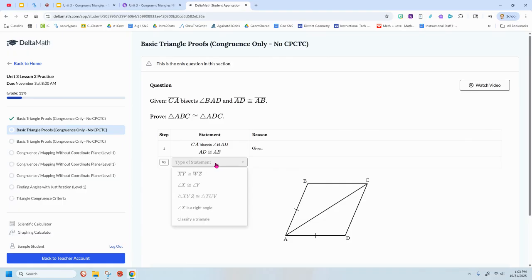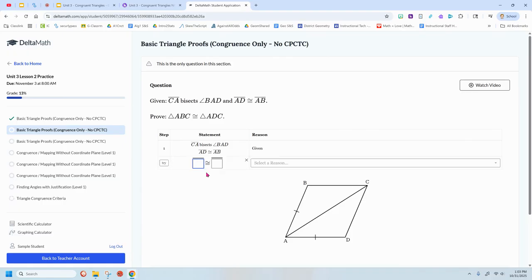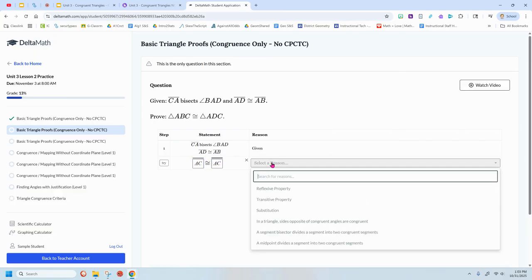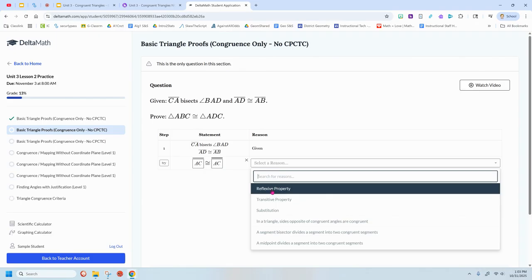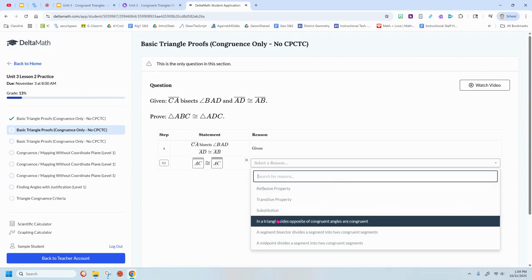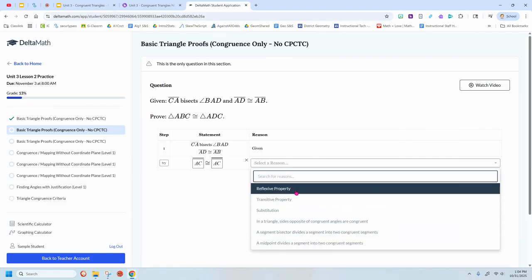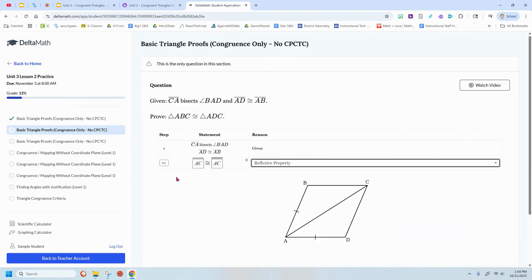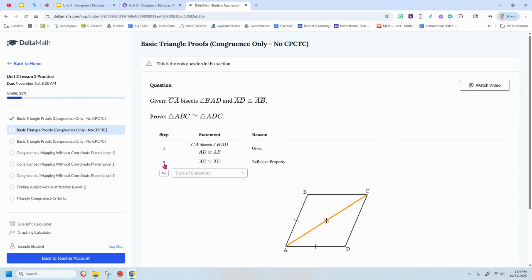Okay, so that means I need congruent segments. This part is the exact same thing. AC, AC. And if you pick a thing about segments, it's only going to bring up things about segments. Okay, so reflexive. And you hit try, and it goes in.